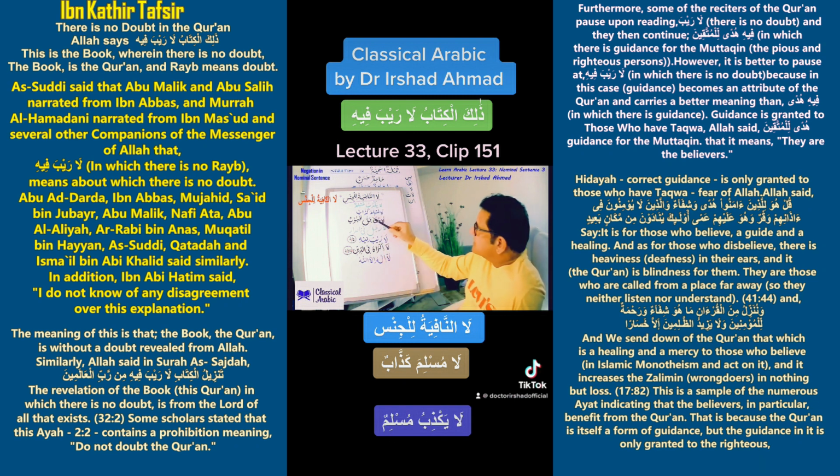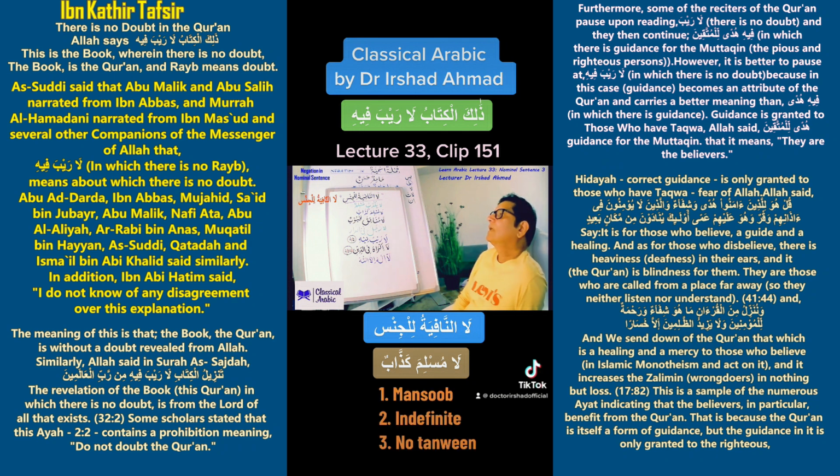And then this construction, la muslima kazzabun, that means no Muslim whosoever, whether old, young, man, woman, child, boy, girl, they are not a liar. So la muslima kazzabun, no Muslim whosoever is a liar.